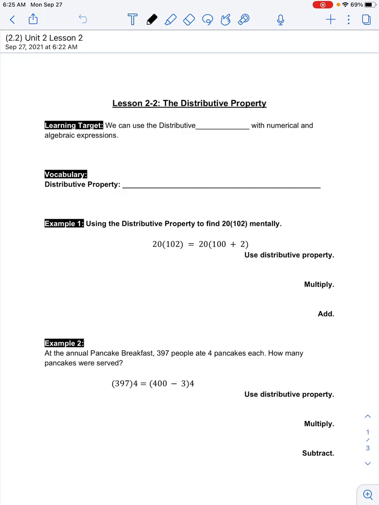All right, lesson 2 out of unit 2 for 7th grade. We can use the distributive property. This is a super important property that you will use for the rest of your math career. How the distributive property works, it basically means to share equally, and it's usually done with multiplication, so multiply through.